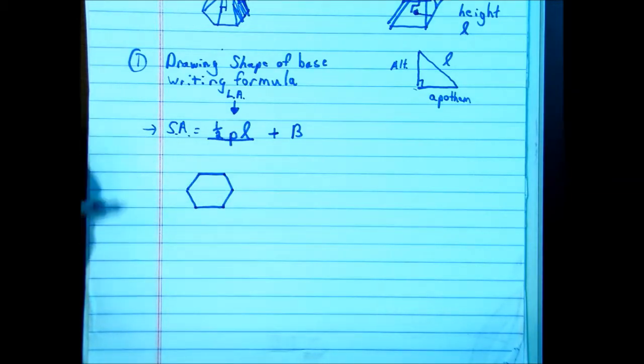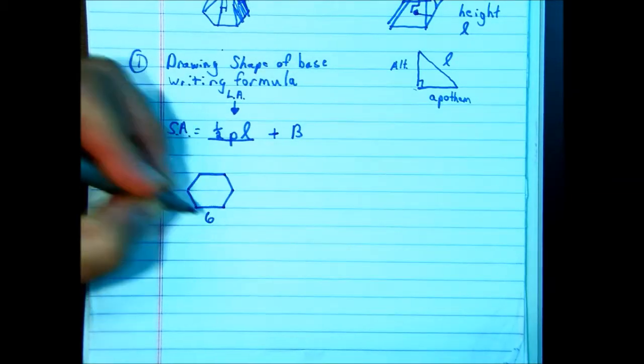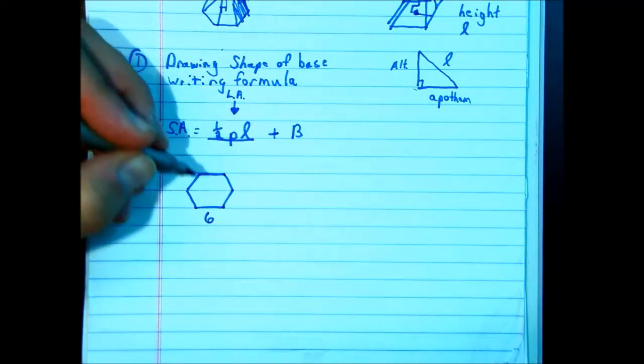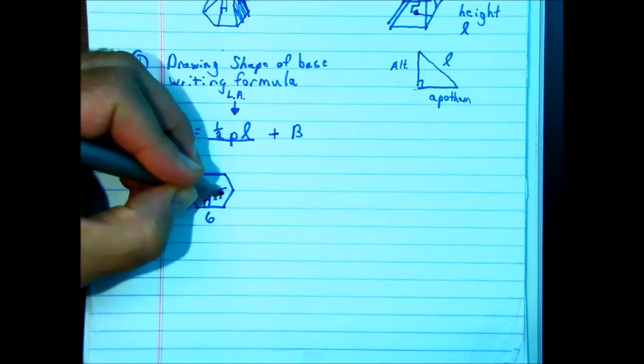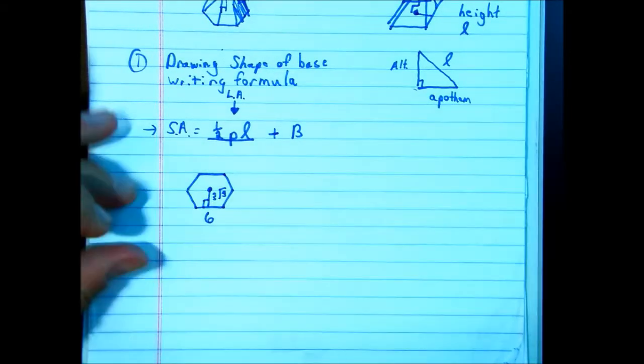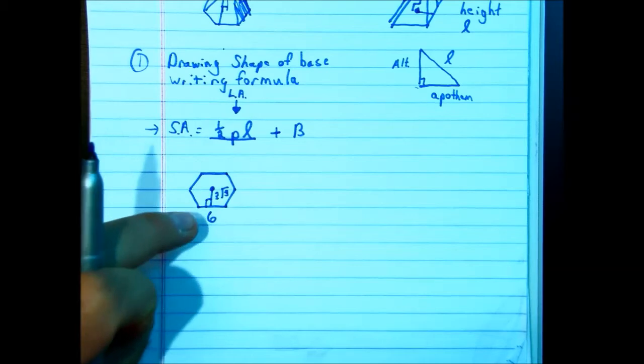And then I write the measurements on it that are there. So I know that this is 6. And they give me an apothem of 3 square root of 3. So that's what I need for my shape of my base.